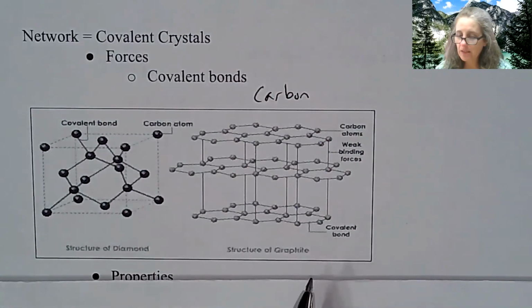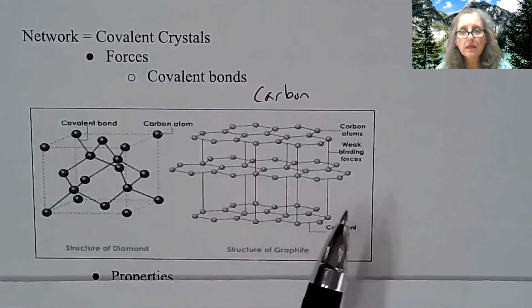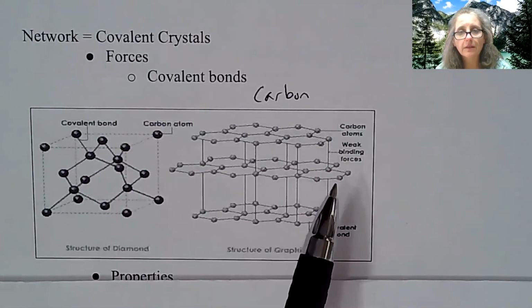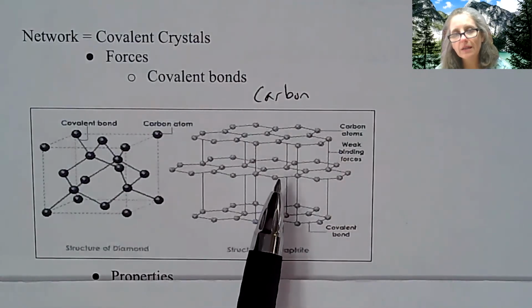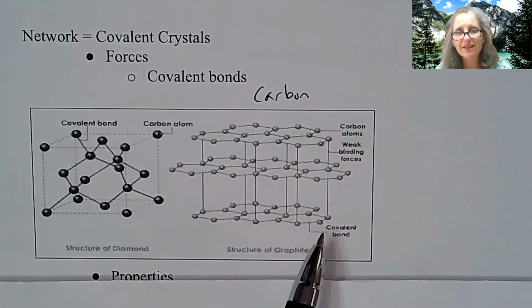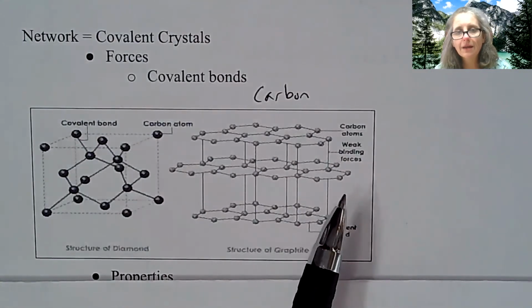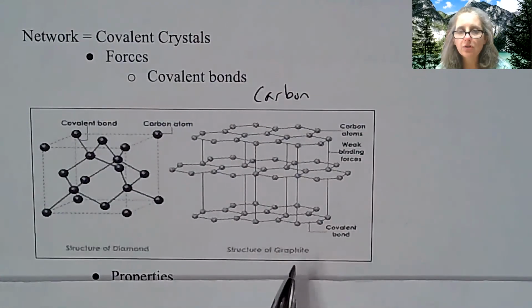We know graphite to be pencil lead. And as you can see, the structure of this is that there are layers of these atoms linked together in hexagonal shapes. Because you have those gaps there, this is not a very strong structure.